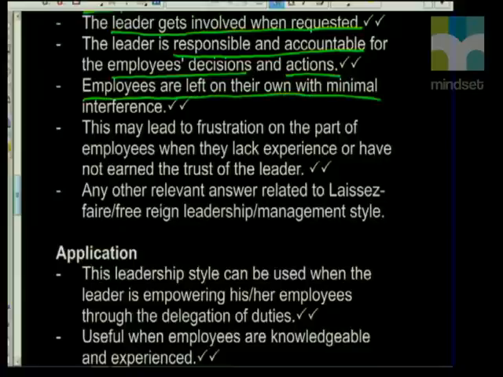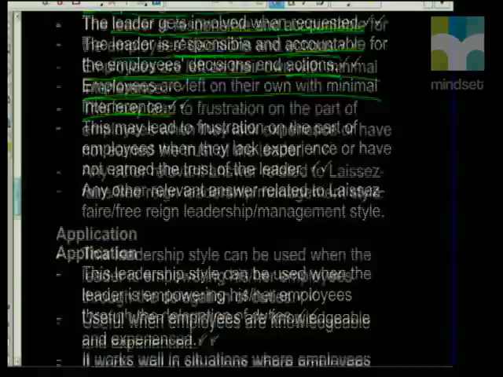So although they've given over their authority, that leader is still responsible for what the group does. Next, employees are left on their own with minimal interference. So employees are left to do what they need to do. This often works very well when people are doing research projects, where there aren't very hectic time frames.